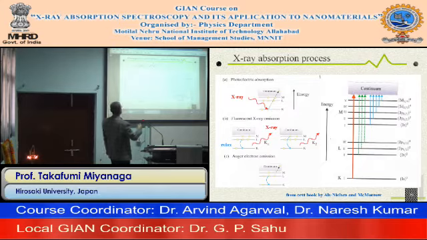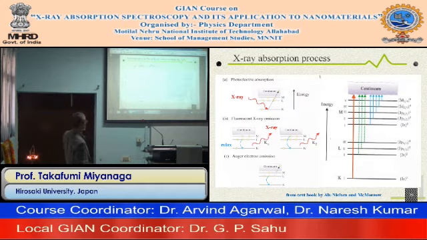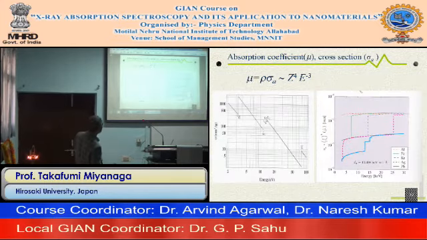For the M edge the background includes the cross section at lower energies. So the K edge includes all of the lower energy cross sections. This is the structure of the absorption edge.